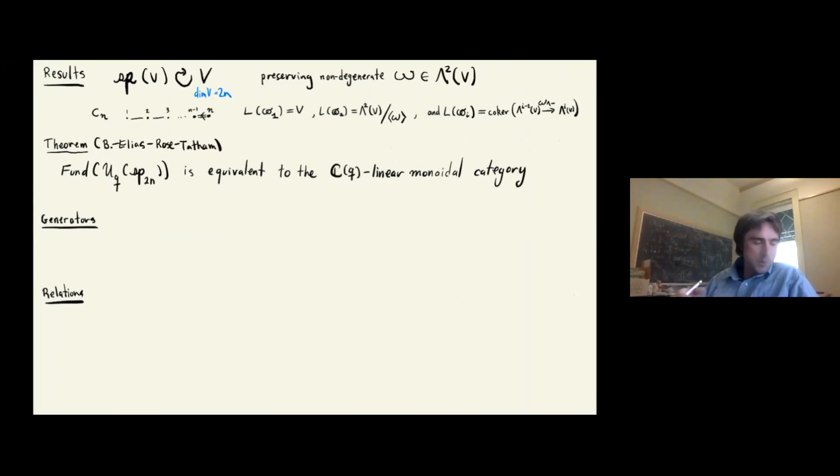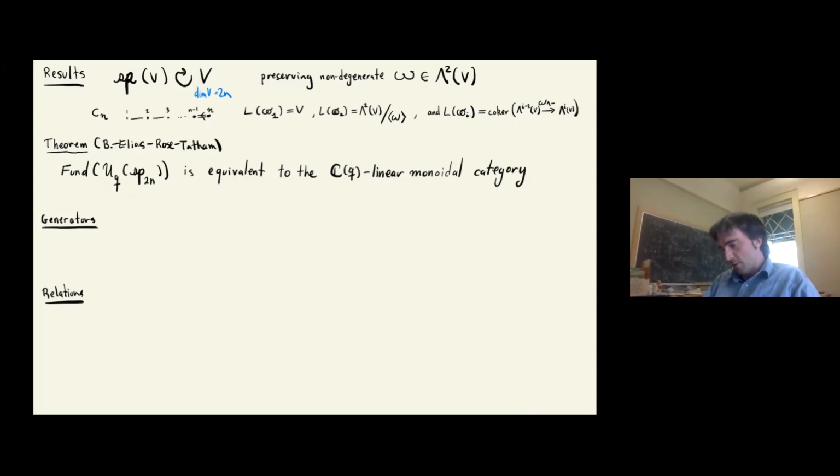And as I motivated at the beginning, following Cooperberg, instead we're just going to study this category of fundamental representations for the symplectic group. And again, we want to replace the symplectic group with the quantum group so that we have this nice general description of our category.